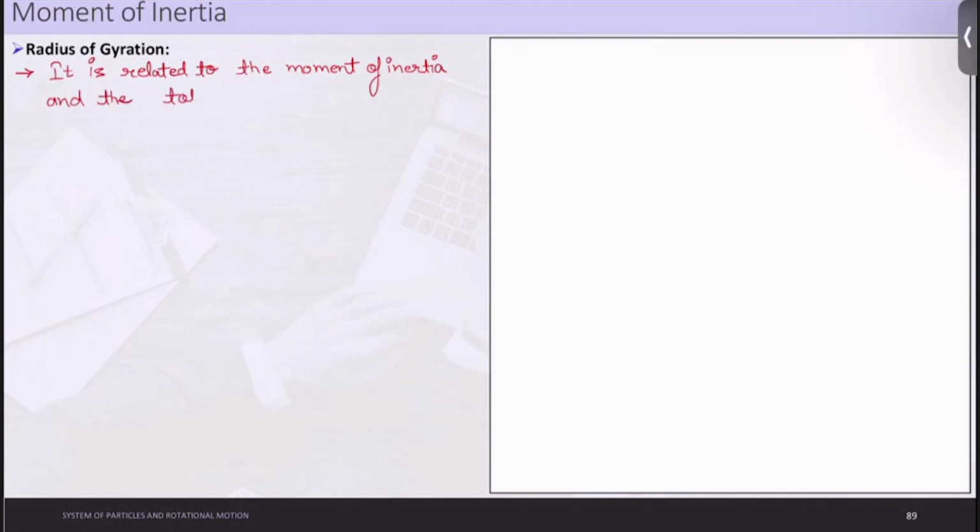Let me first define the radius of gyration, and then I can refer to whatever concepts I need to convey to you. So, the definition.